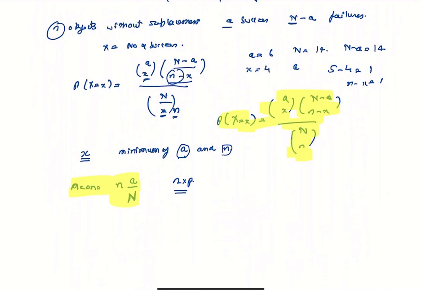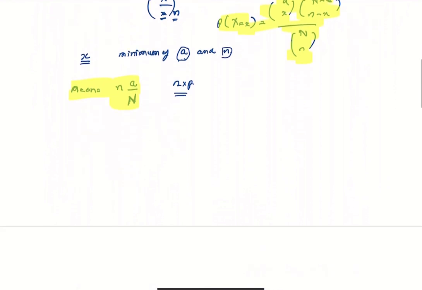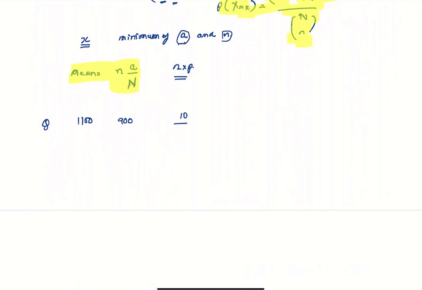Now we have a few questions we'll do quickly. Suppose a large high school has 1100 female students and 900 male students, and a random sample of 10 is chosen. What is the probability that exactly 7 selected students are female?